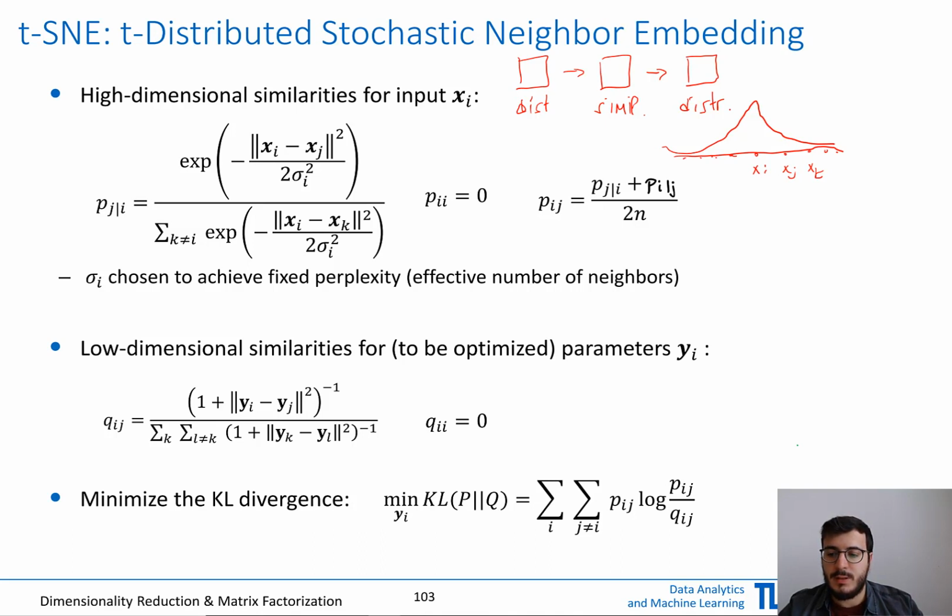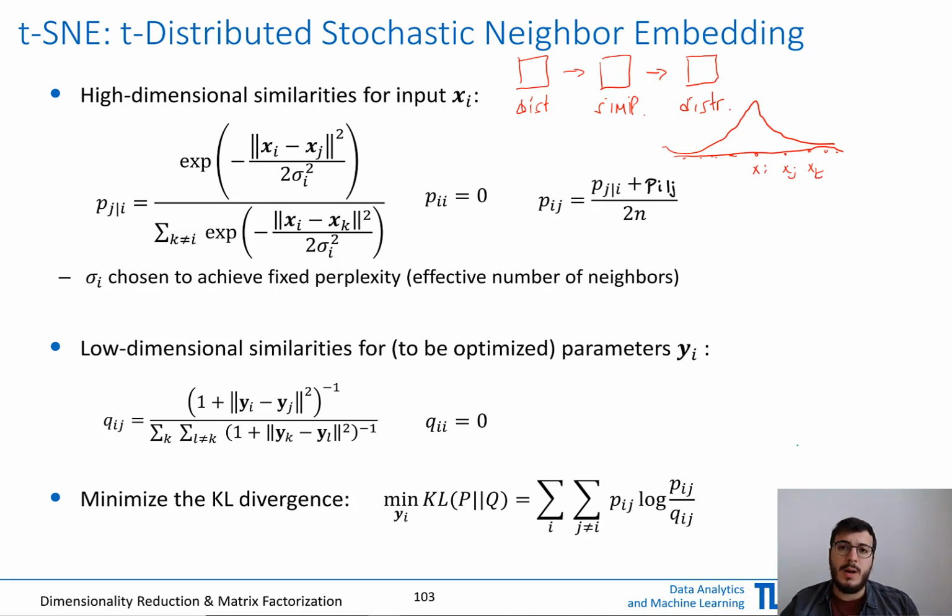And what we see is for the data points which are very close to xi, we get high similarity because this is a Gaussian distribution which is high in the middle and then falls down. And for all the data points which are further from xi, like this one or this one, we'll get a very low similarity because the Gaussian has a very low value there.